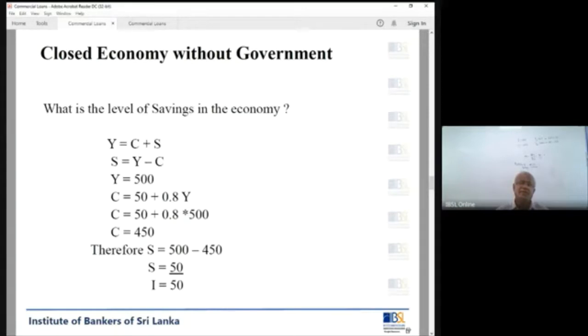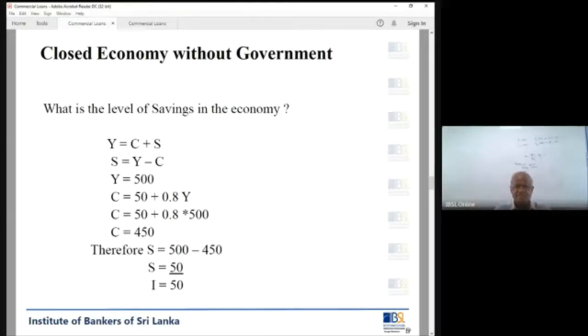Savings equal income minus consumption. Remember the first equation, Y equals C plus S. Households are getting income. Why? To consume and save. Basically, what do we do? We consume, we save. Then if the consumption is 450 and income 500, total national income is 500, total national consumption is 450.